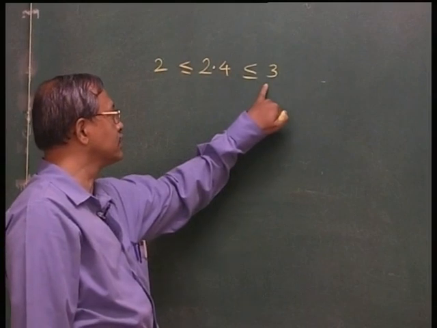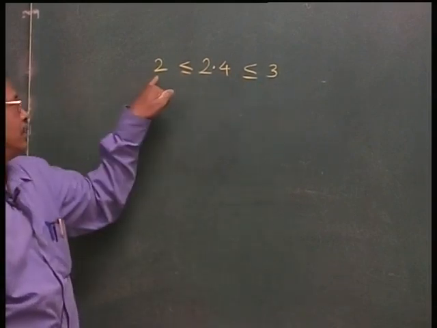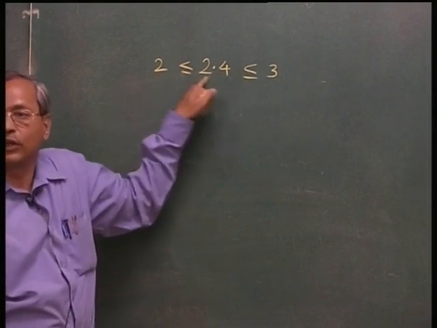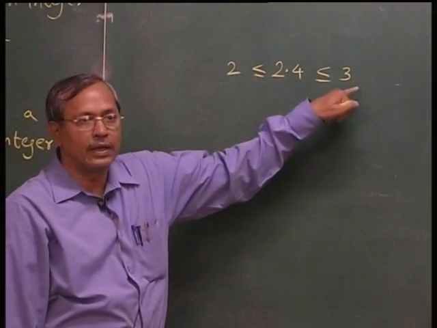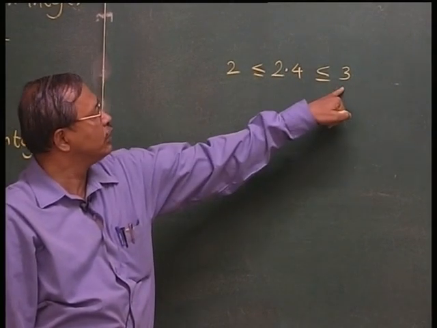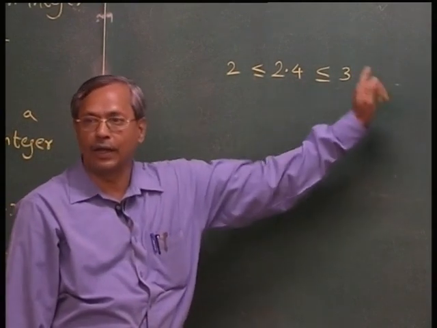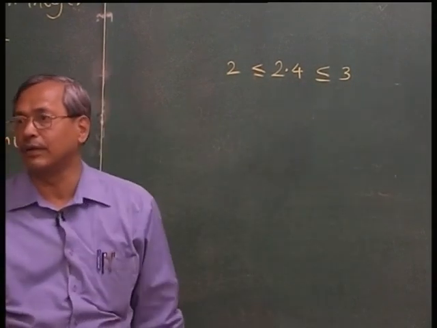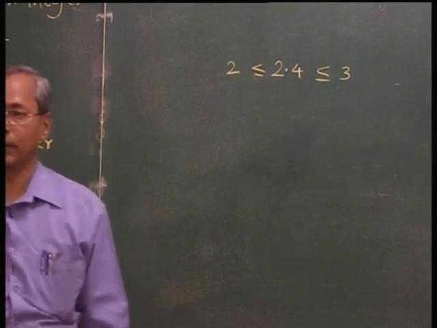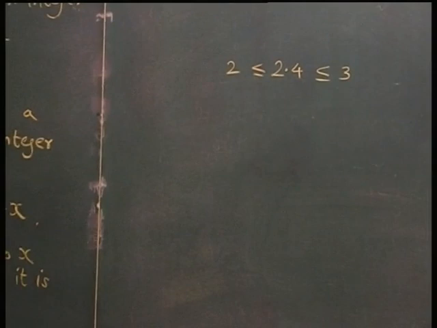Now, if you are interested in the nearest number which is slightly larger, see, the integral part is the nearest integer which is less than or equal to the given number. But you may be interested in the number which is also near to this, but closest on the right side, a number bigger or equal to the given number, and it is closest.